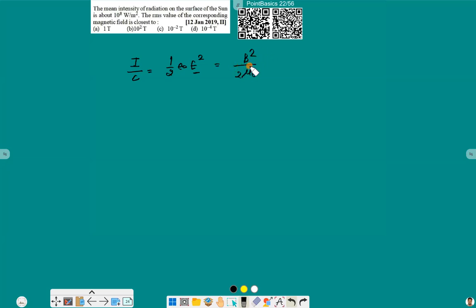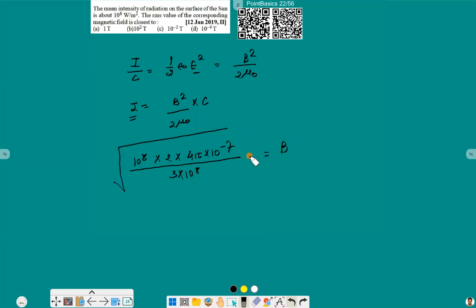And from this we can write basically that I is equal to B square by 2 mu node into C. Now the value of I is given to us, that is 10 raised to power 8, into 2 mu node, that is 4 pi into 10 raised to power minus 7, and divided by C, that is 3 into 10 raised to power 8, and taking under root, this will be the value of B. Now 10 raised to power 8 gets cancelled, and we have to take under root here.